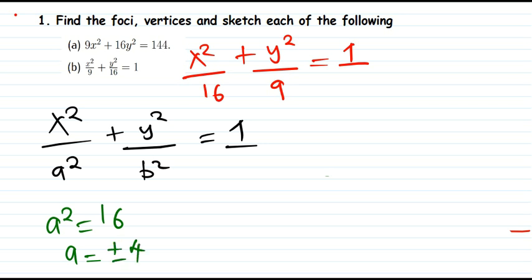And then we can also find our b squared. Now b squared, of course, which we know when we are talking about an ellipse, it's a squared minus c squared.